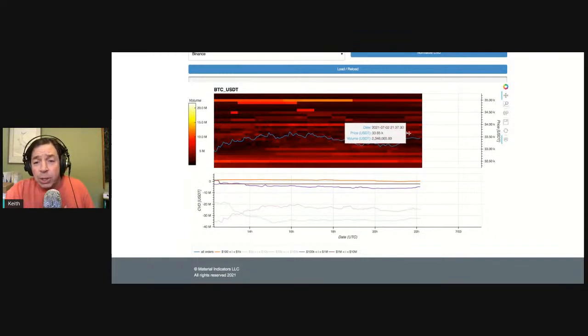Now, in this situation, here's one that's a little bit different. Okay, so it looks like this actor shifted their bid and shifted again down here. So this one could get filled, and if it does, it looks like they actually split it up.